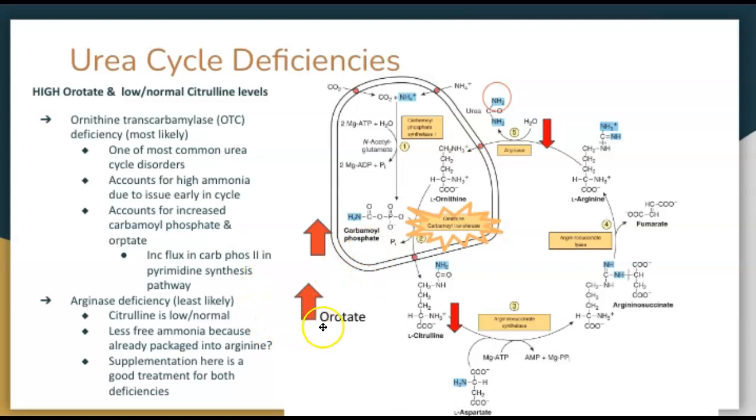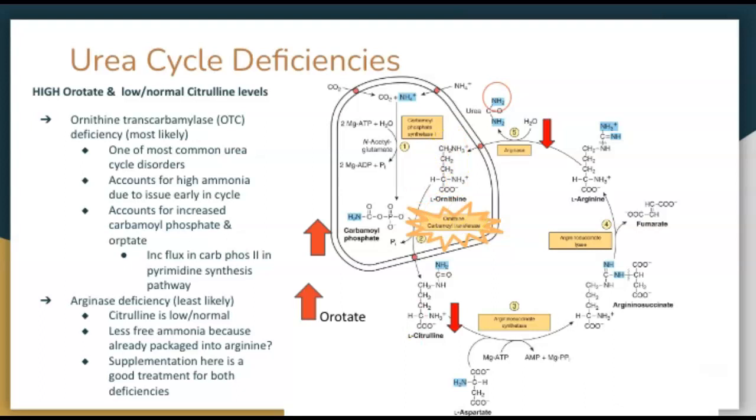So that's where we get the extra orotate levels, and that gives us a hint of where the enzymes are a little off balanced. You can see also here citrulline levels are a little low. They were 10 when the normal is like 12. So that gives us a sign that this enzyme might be deficient in not producing enough citrulline.